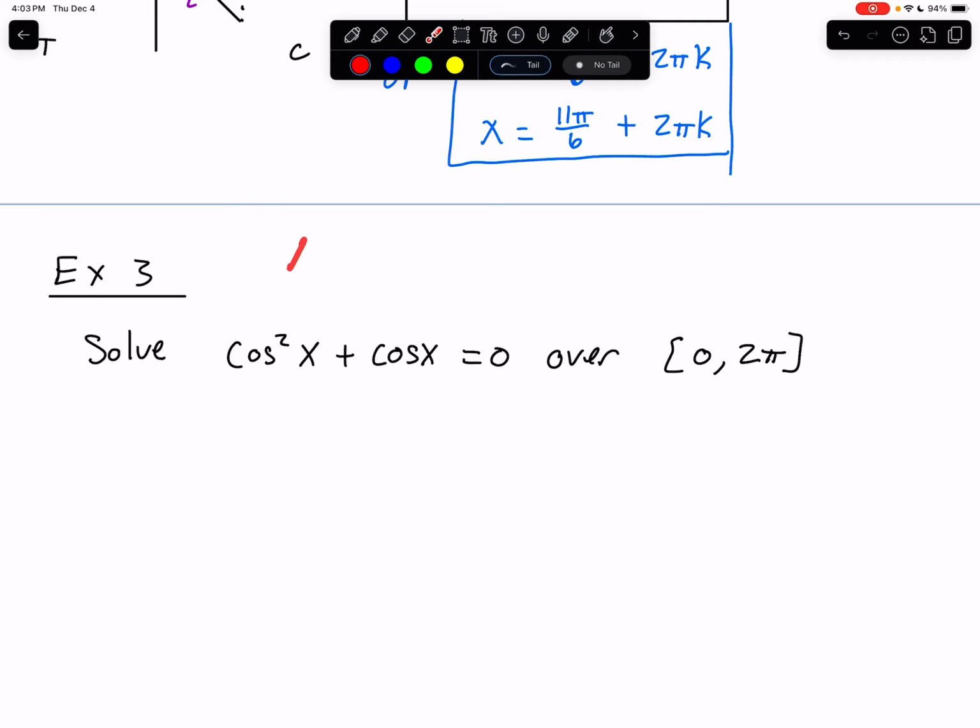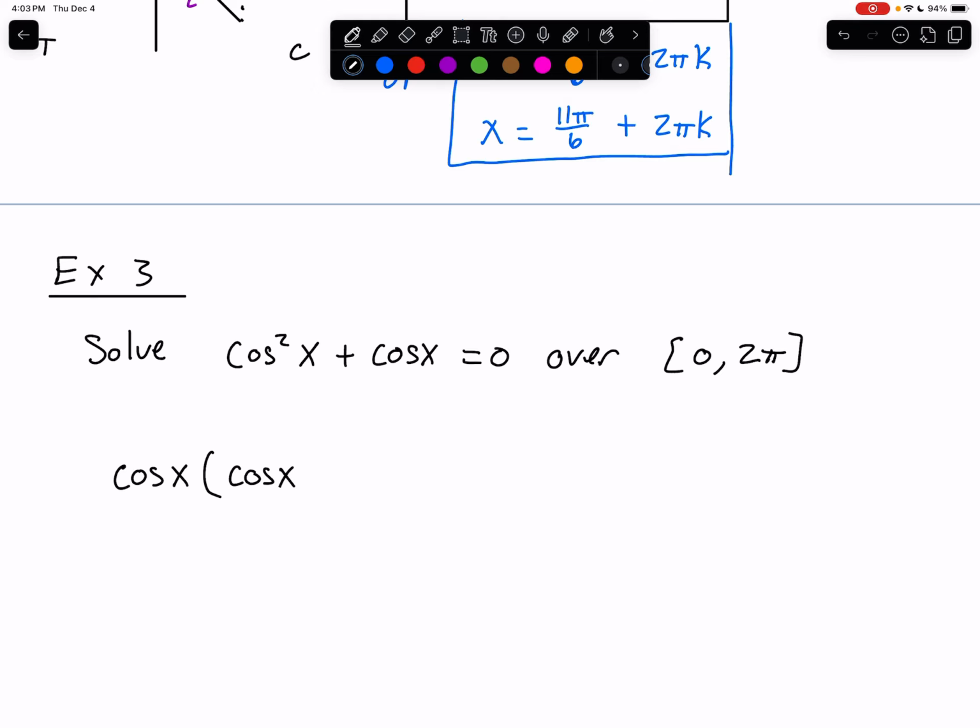Just like if you had x squared plus x equals 0, a way to solve that equation would be to factor. So I'm going to factor out a greatest common factor here, which is going to be cosine x. When I take cosine x out of cosine squared, I'm just left with a singular cosine.